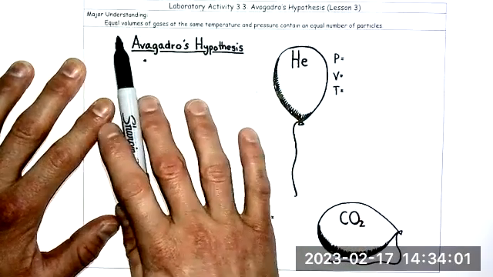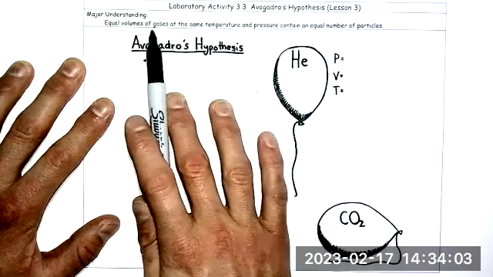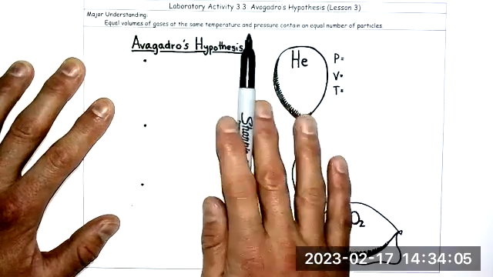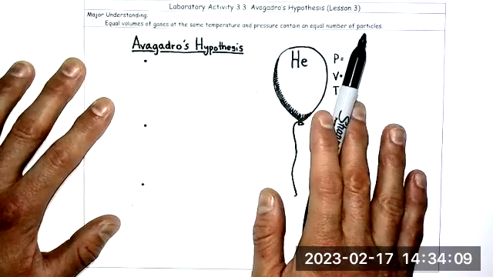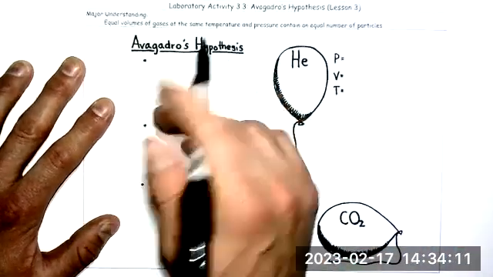Avogadro's hypothesis states that equal volumes of gases at the same temperature and pressure contain an equal number of particles. So I'll write that right here.